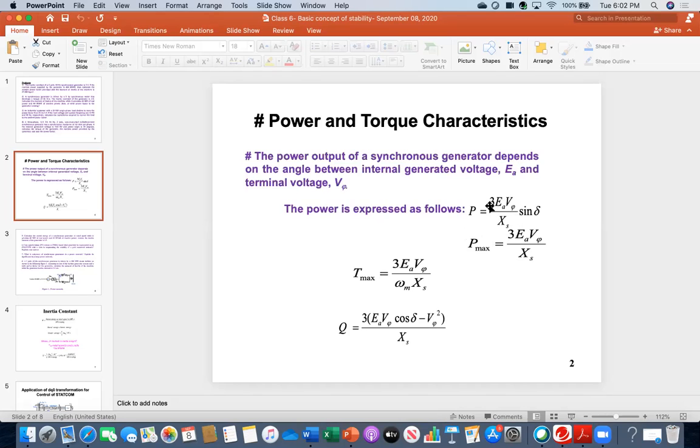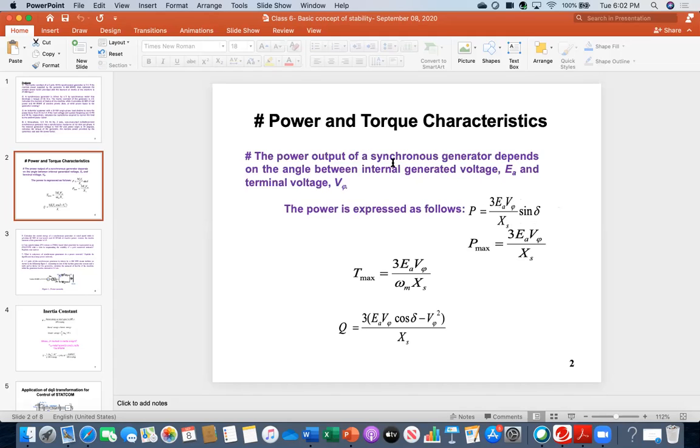Because 3 is for 3-phase, definitely EA and V phase are the phase voltage. Everybody keep in mind in this equation that EA and V phase are the phase voltage. V phase, the second term, is the terminal voltage. You note down in your note, V phase is the terminal voltage, and EA is the internal generated voltage.